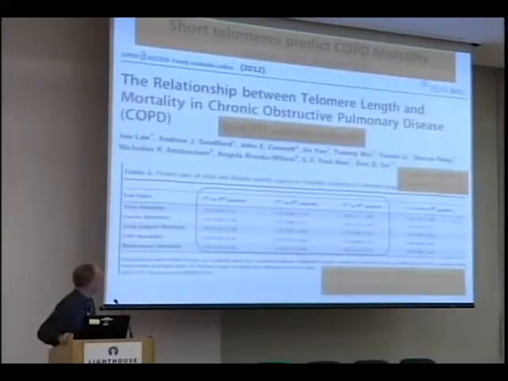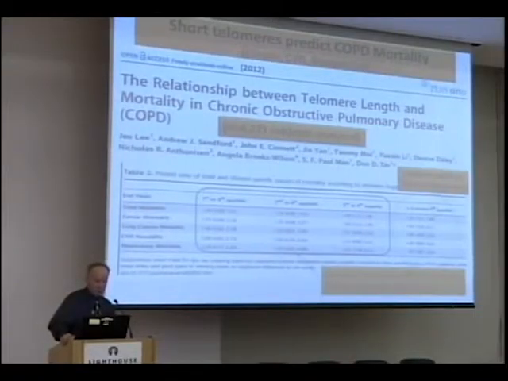And then this was a recent study just published this year on COPD, chronic obstructive pulmonary disease, and mortality, looking at mortality due to cancer, cardiovascular disease, or respiratory mortality. And again, in this population, it was divided into quartiles, and those in the first, second, or third quartiles all had relatively the same risk of disease or death.